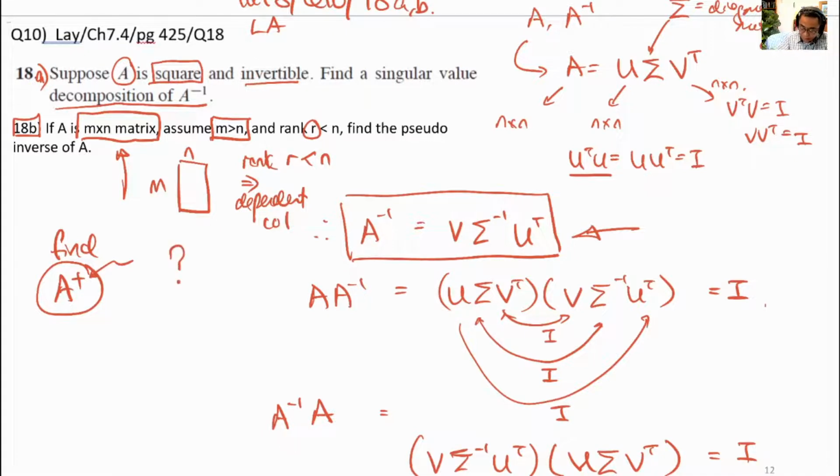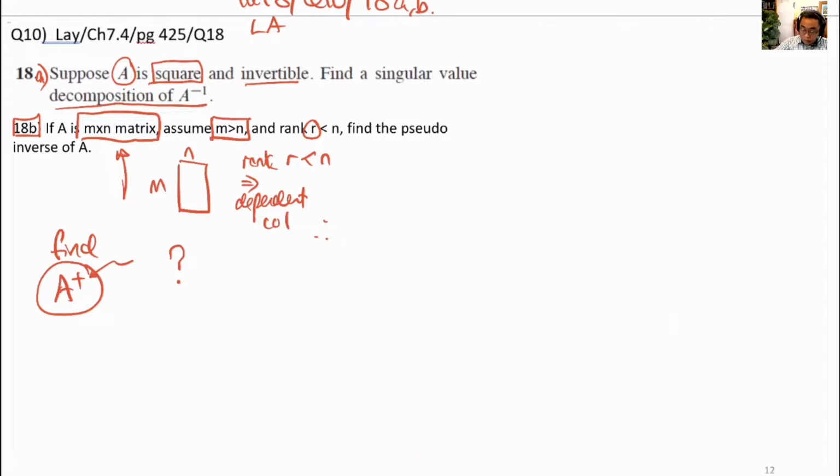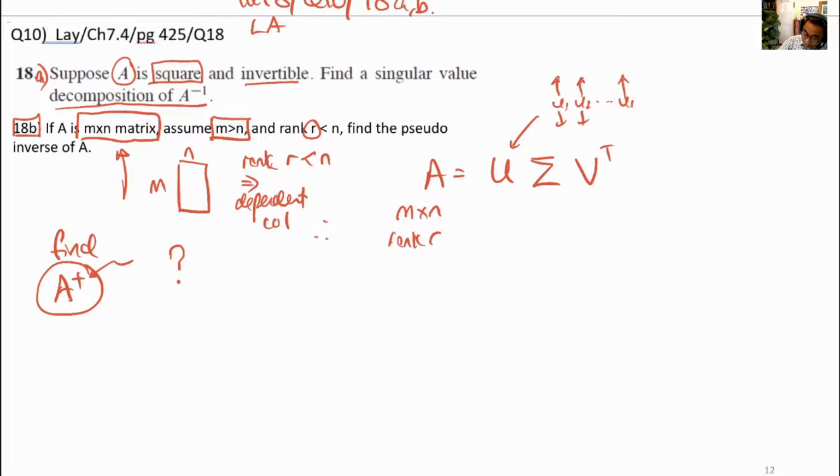So what is A plus? Let us now proceed. We first write A equals U sigma V transpose, and we denote the size. This is an m by n matrix with rank r. It means that we have U1, U2 until Um, and each of the columns of U is of dimension m. So we have an m by m matrix. This is square.